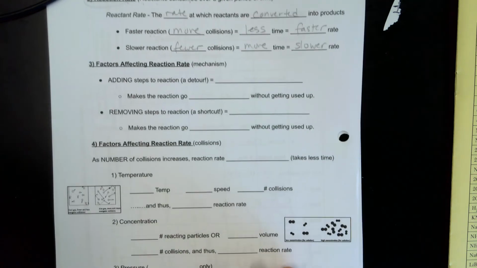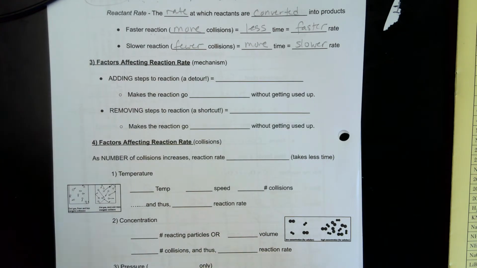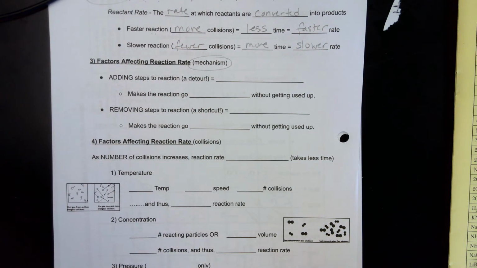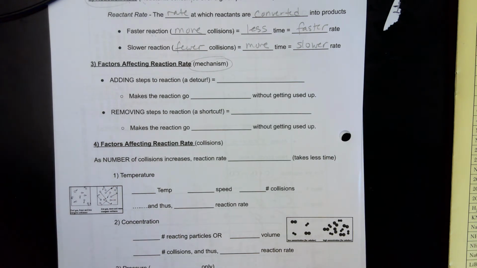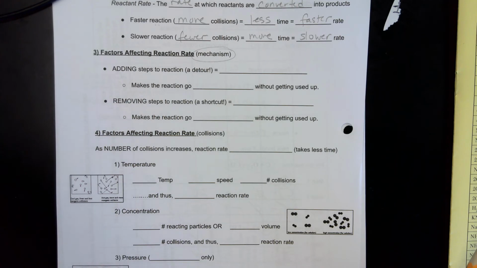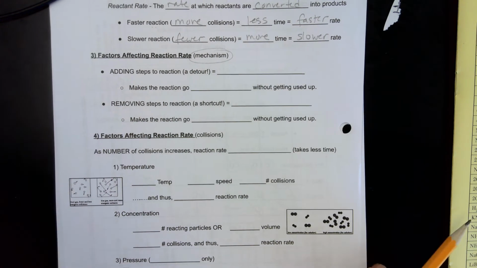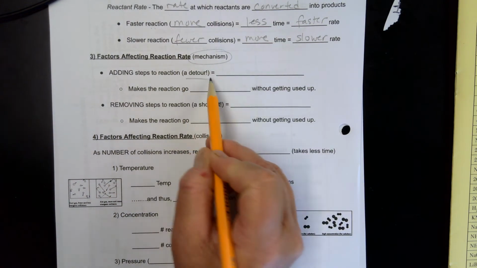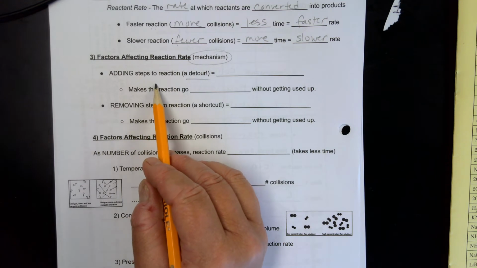All right, let's talk about factors that can affect this reaction rate by talking about the mechanism, those series of steps. Think of this as if you had your GPS taking you to location B from location A. And if you're driving along and all of a sudden there's a detour and you have to take a different road to get to your destination, and that different road makes your trip longer, that's like a detour, which typically adds more steps to your reaction.